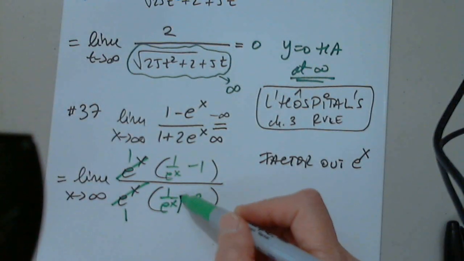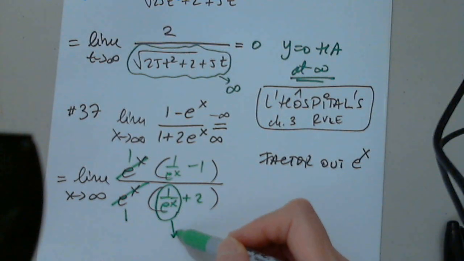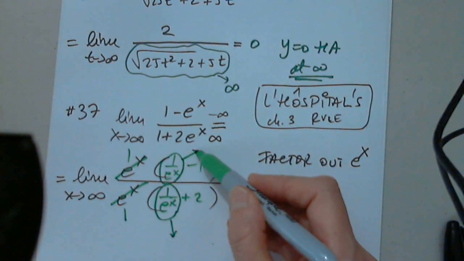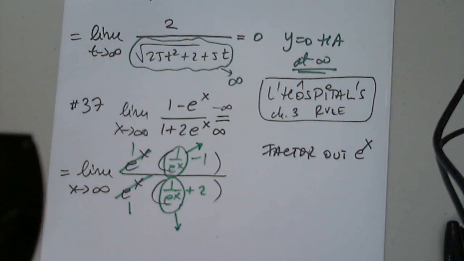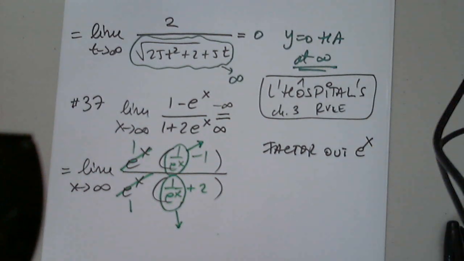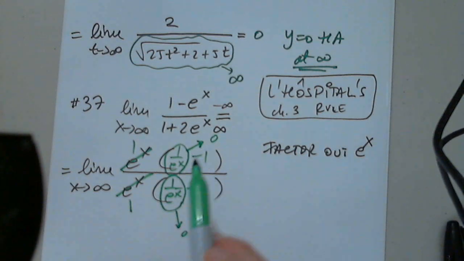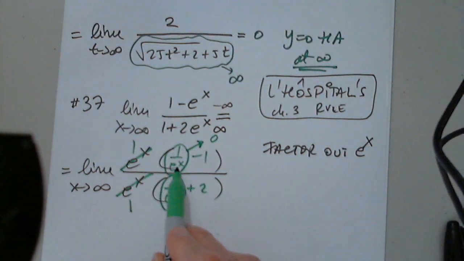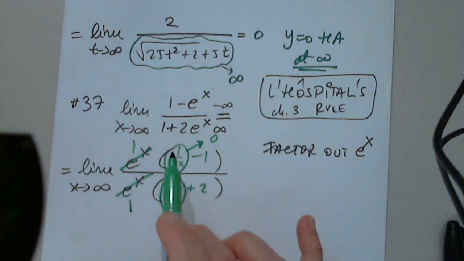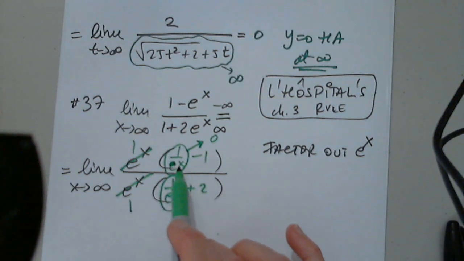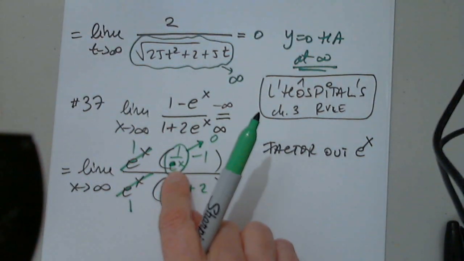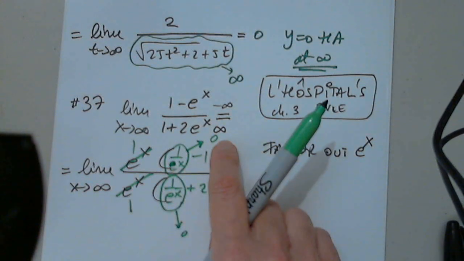And now, can anyone give us where this is going and where this is going as x approaches infinity? 0. Yes, because it's 1 over huge. If this is a negative power, it's a different story, right? But e to the x, when x approaches infinity, approaches infinity. 1 over huge is 0.